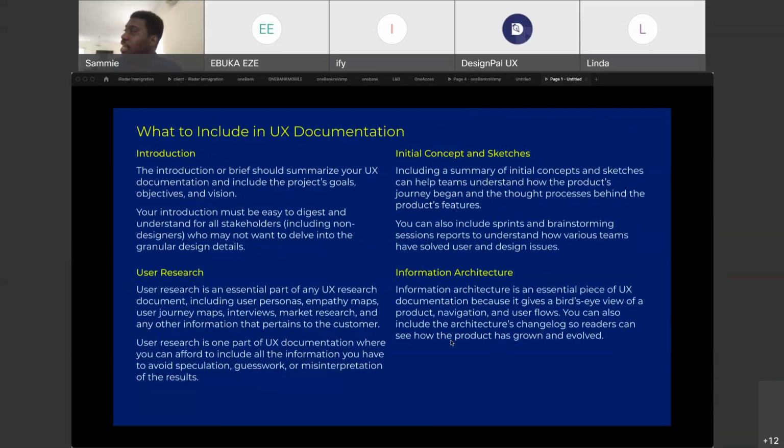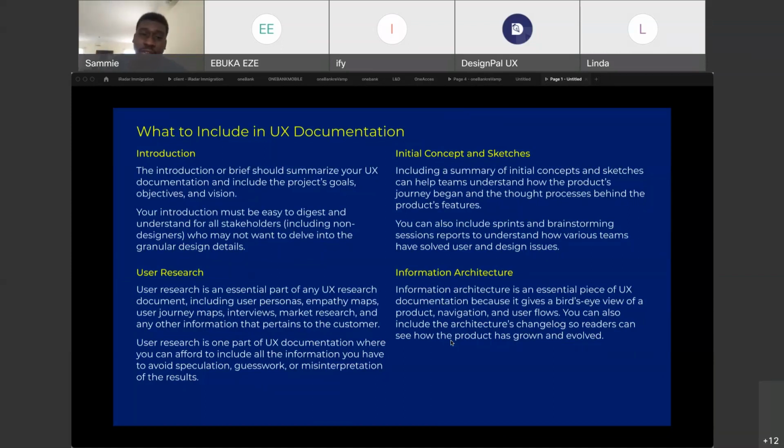This clarifies what you are building, because if you do not clear these things out, many times you will have conflict about what the product should be like. So from the get-go, when you are sitting down with your stakeholders, you must be able to address what this project is, what it's supposed to do, and what we hope to achieve with this product.